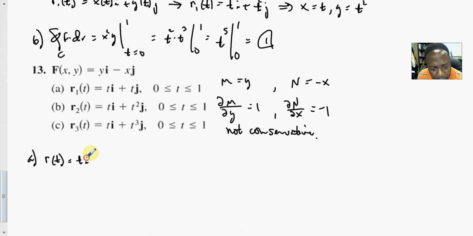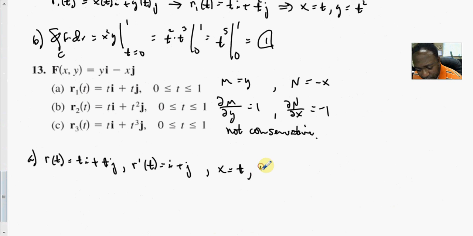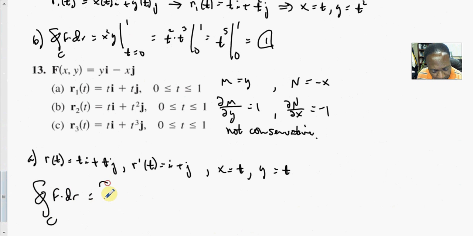So for part A, r of t is equal to t i plus t j. You need r prime of t, which is i plus j. And so for part A, x is equal to t and y is equal to t. So for the line integral of F dot dr, this is the integral from 0 to 1. F is y i minus x j, but y is equal to t and x is equal to t.